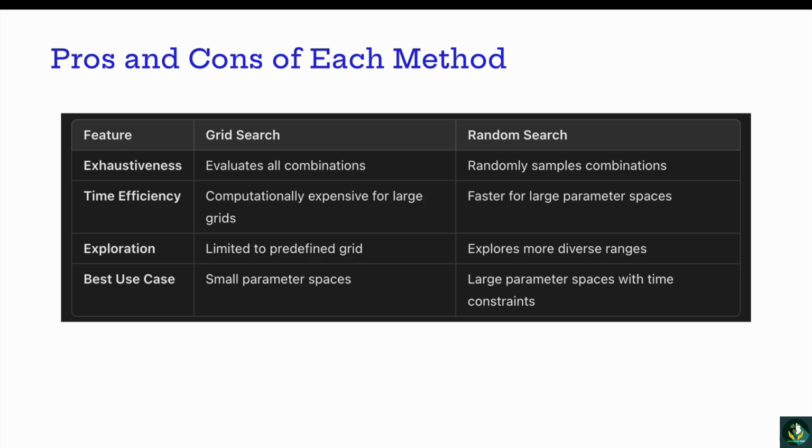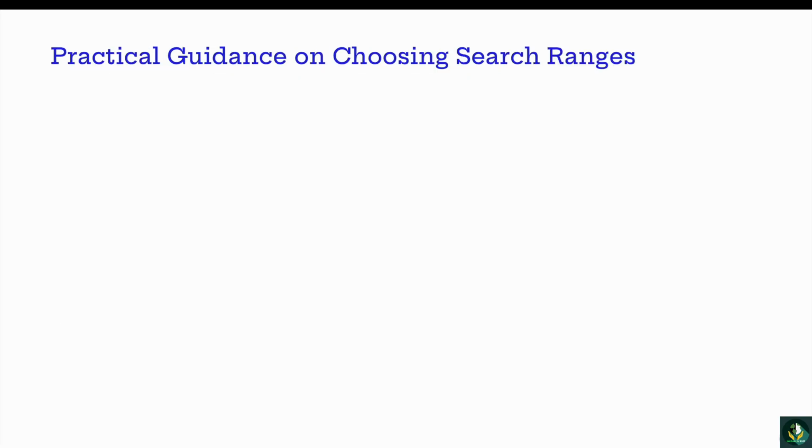In terms of exploration, grid search is limited to a predefined grid, whereas random search explores more diverse ranges. The best use case for grid search is small parameter spaces, whereas for random search, it's large parameter spaces with time constraints.